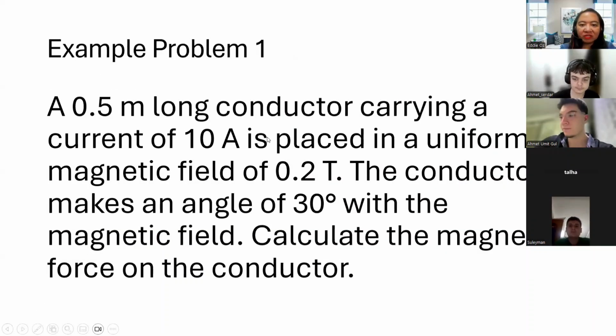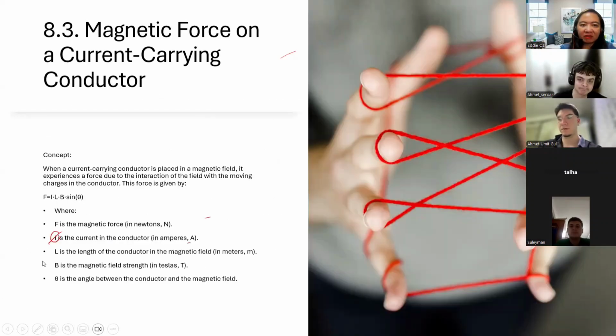Before we solve this problem, I'm going to show you a video about magnetic force because in the video it is very much explained, and there are different figures where you can easily learn the magnetic force.